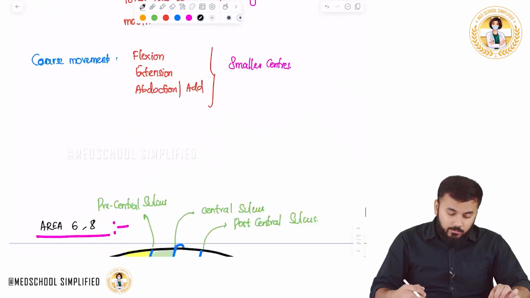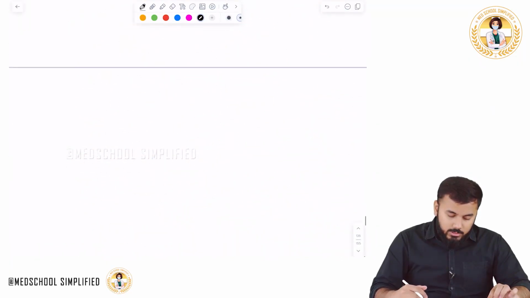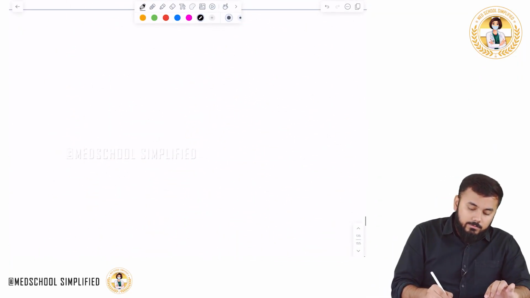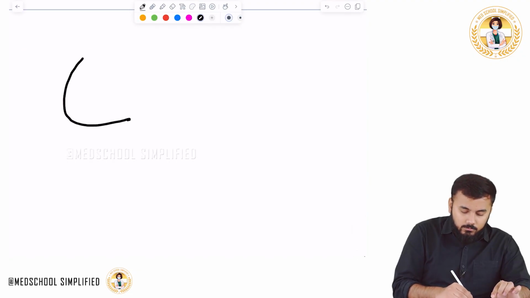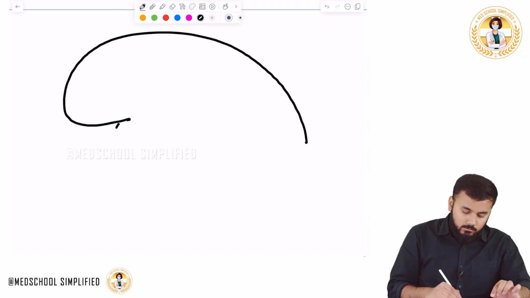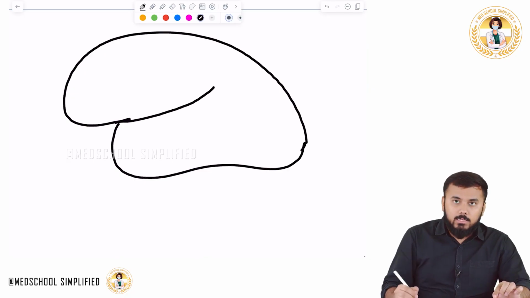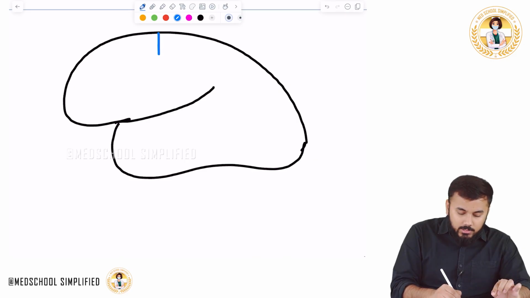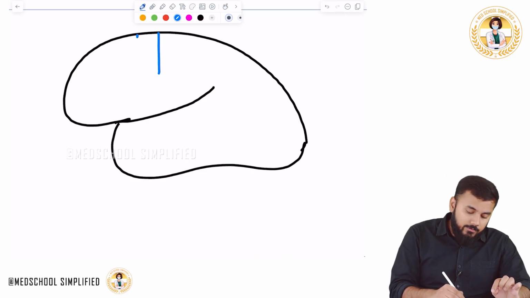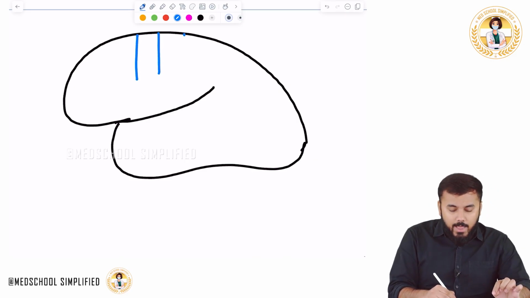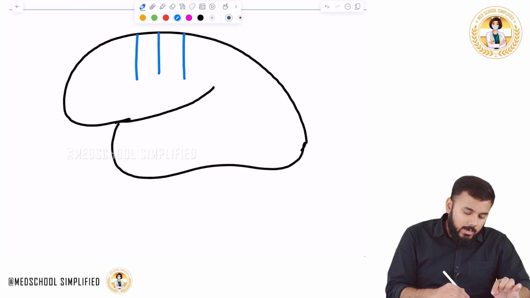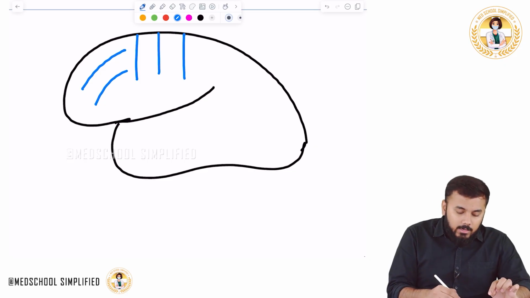First of all, where is this prefrontal area present? Now, just look at this picture over here. This is your lateral sulcus, and let us say this is your central sulcus. In front you have the precentral sulcus, at the back the postcentral sulcus, and here you have the superior frontal sulcus and inferior frontal sulcus. We have already discussed this.